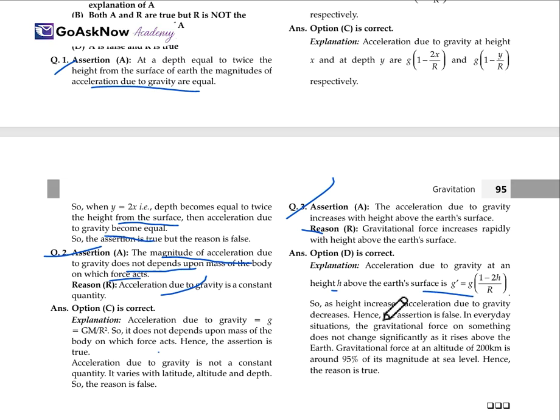So as the height increases, the acceleration due to gravity decreases, and hence the assertion is false. In everyday situations, the gravitational force on something does not change significantly as it rises. The gravitational force at an altitude is around 95% of its magnitude at sea level. Hence the reason is true, but the assertion is wrong.